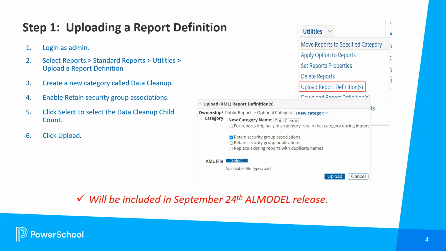The report definition is attached to the invitation for this meeting. It is also stored in the Special Programs Alabama office webinar space, where we store all of our collateral for you. So let me walk through the steps really quick, and then I'm going to demonstrate how this works.